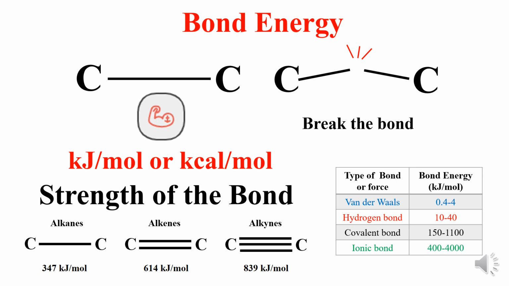So that is to say, more energy is required to break a stronger bond, while less energy is required to break a weaker bond. And therefore, the carbon atoms are strongly held in case of alkynes, while the carbon atoms in case of alkanes are weakly held.